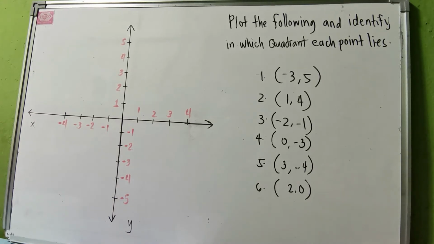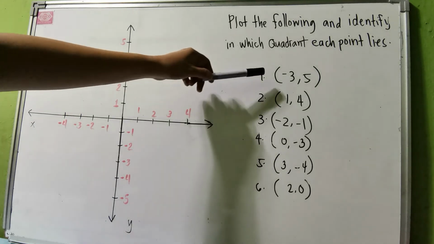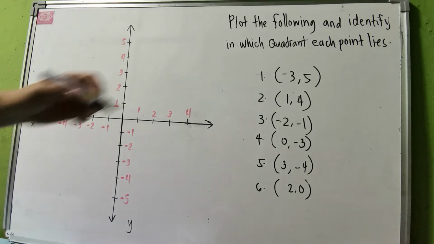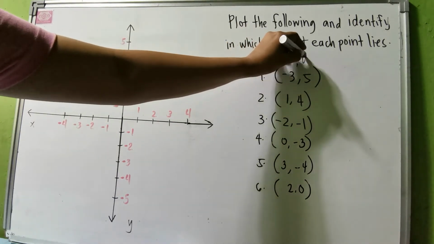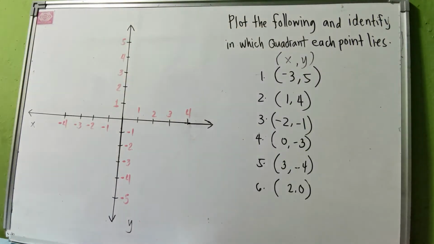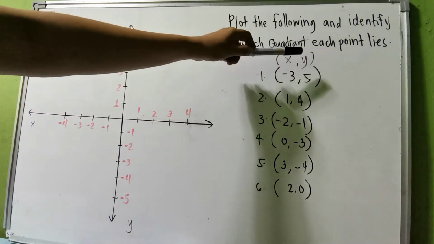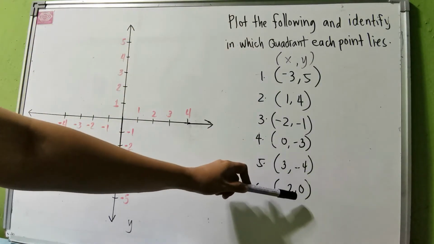Okay, so first step in plotting points, take note that itong mga ordered pair na given natin ay coordinates ng x and y, where yung first number natin is the value of x and yung second coordinate ay yung mga y.